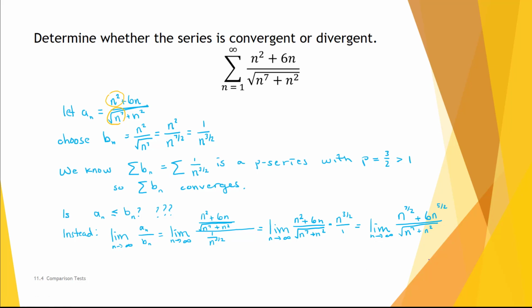Now, in order to take the limit as n approaches infinity, I am going to multiply the top of this fraction by 1 over n to the 7/2, and I'm going to multiply the bottom of this fraction by the same thing, but I'm going to write it as 1 over the square root of n to the 7th. So we have the limit as n approaches infinity of 1 plus 6 divided by n, over the square root, and inside this square root I'm dividing each term by n to the 7th.